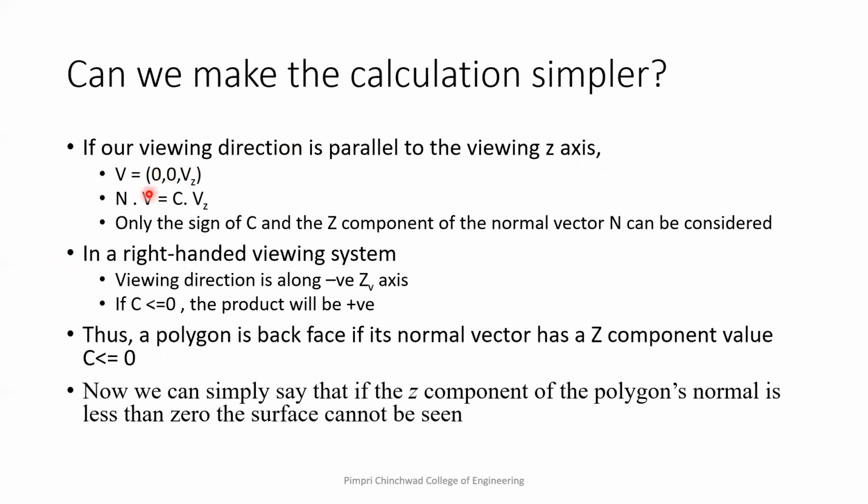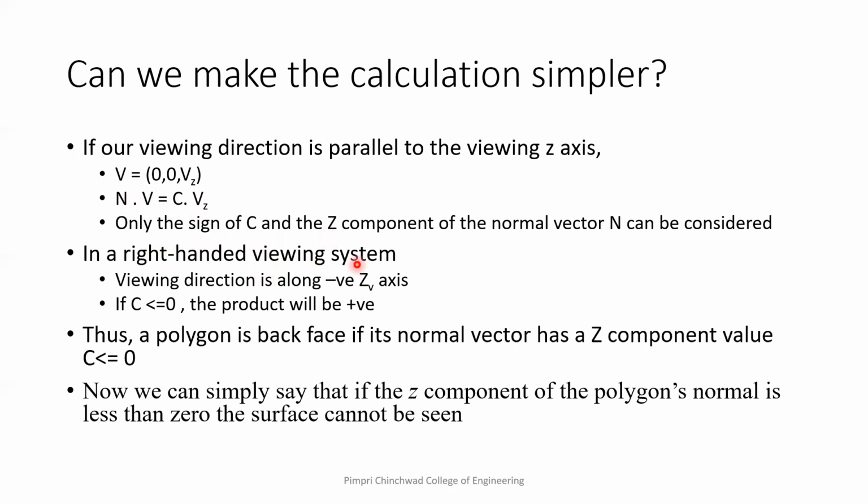Okay, so n dot v will basically come down to c dot vz, right? Because 0 into a and 0 into b will be zeros. So n dot v equals c dot vz.